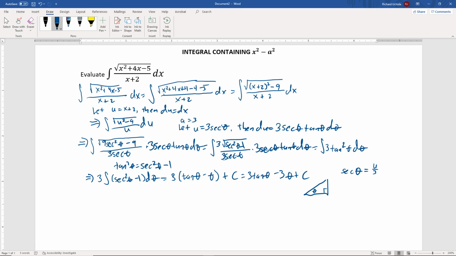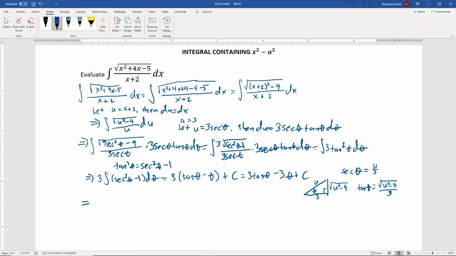So this tells us that the hypotenuse over the adjacent was u over 3. So the length of the hypotenuse was u, the length of the adjacent was 3. So we'd say that the length of the side opposite of theta would be the square root of u squared minus 9. So this gives us that tangent of theta is equal to what? Opposite over adjacent, so that would be the square root of u squared minus 9 all over 3.